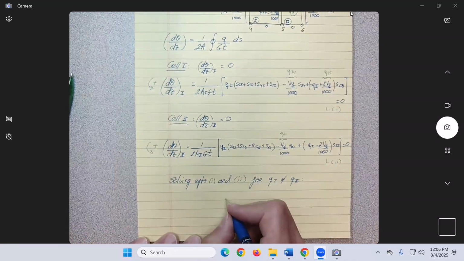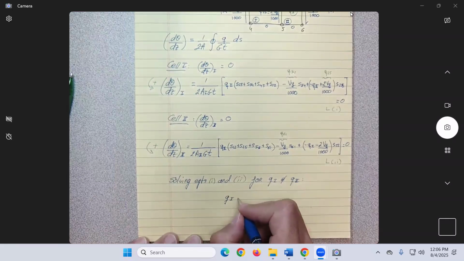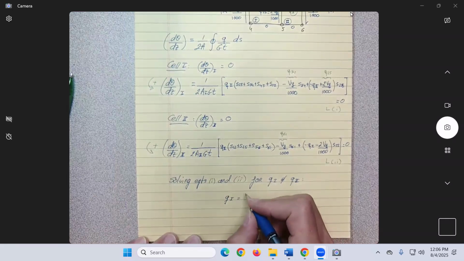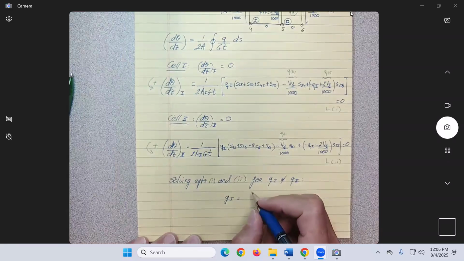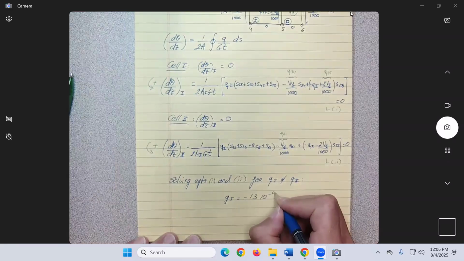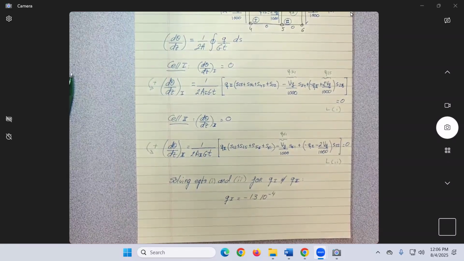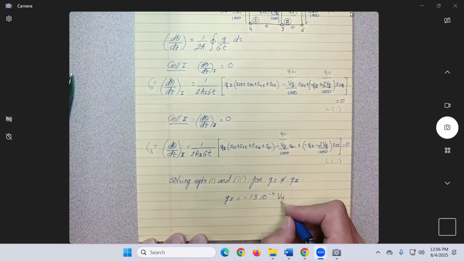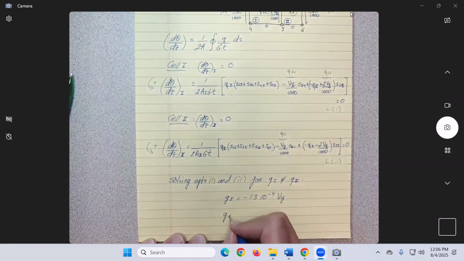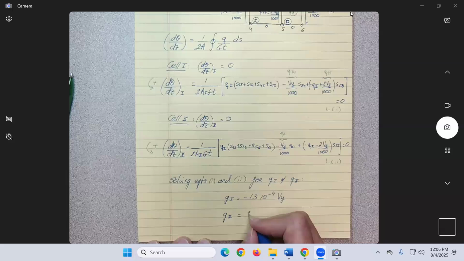We're gonna get Q sub 1 equal to minus 1.3 10 to the minus 4 Vy, and Q sub 2 equal to 2.17 10 to the minus 4 Vy.